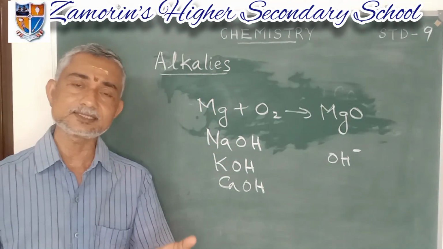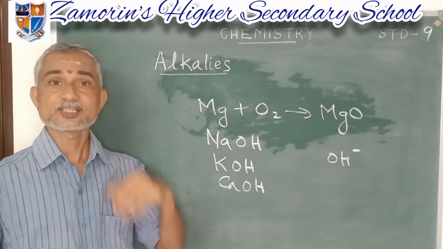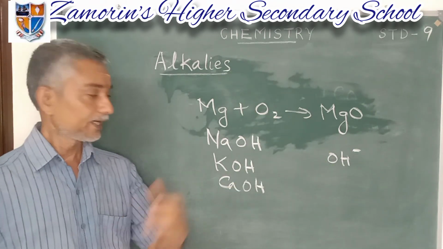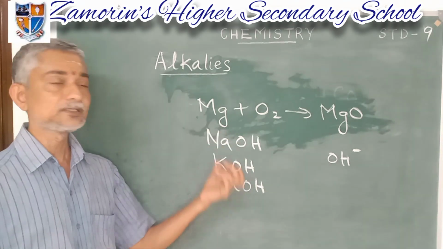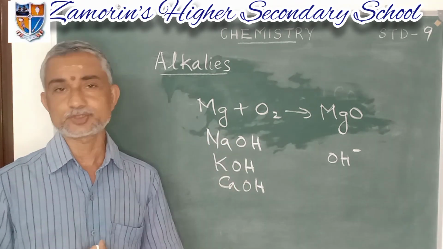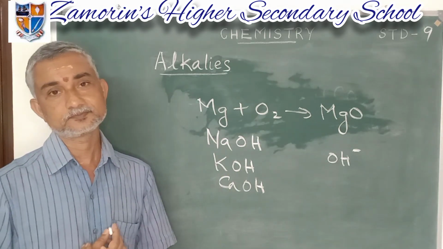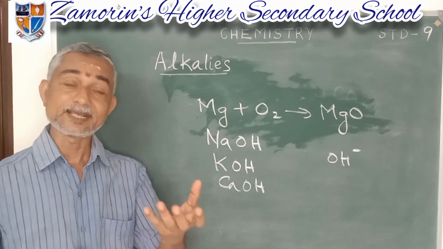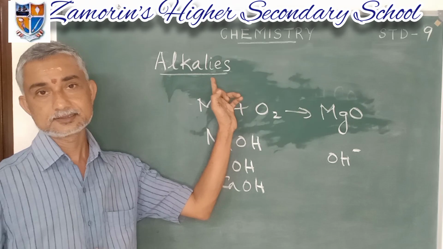In the case of acids, we have seen the H plus ion, hydronium. Here it is the hydroxide ion, and this hydroxide forms the basic nature of the solution. So it changes red litmus paper to blue. That is the basicity. When bases dissolve in water, they form alkalis.